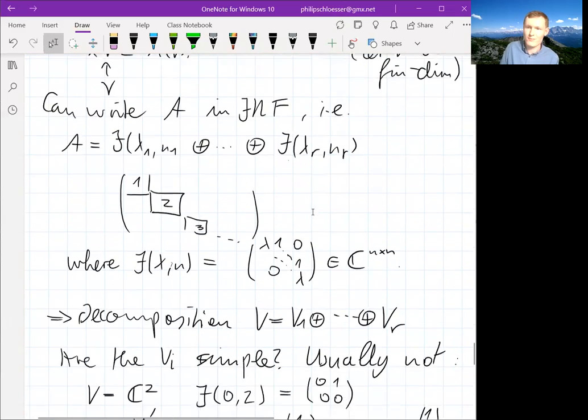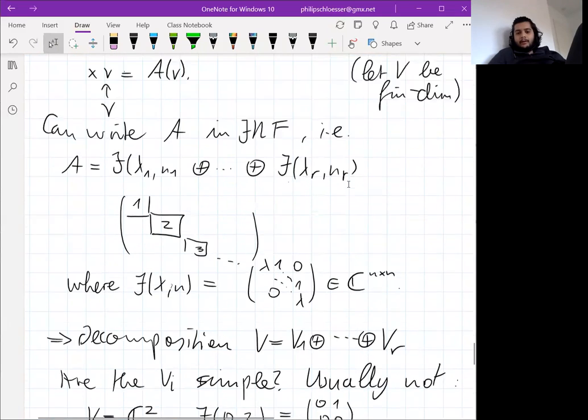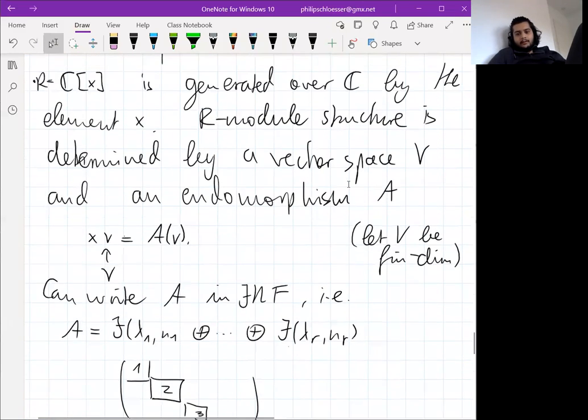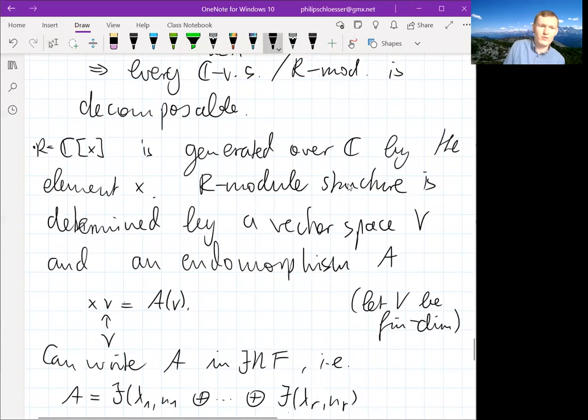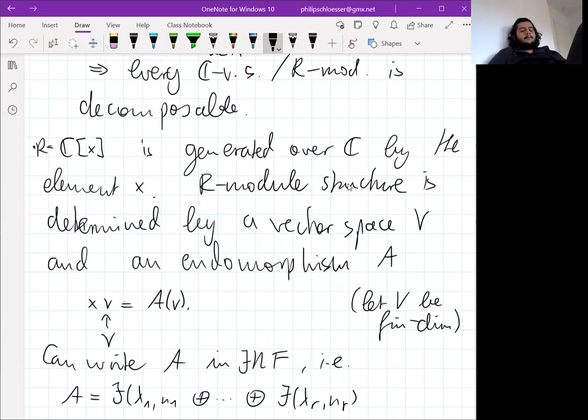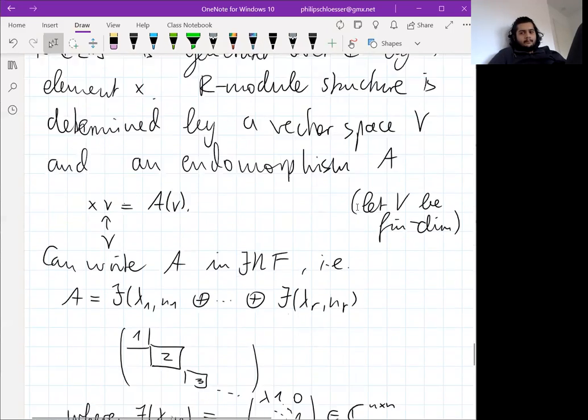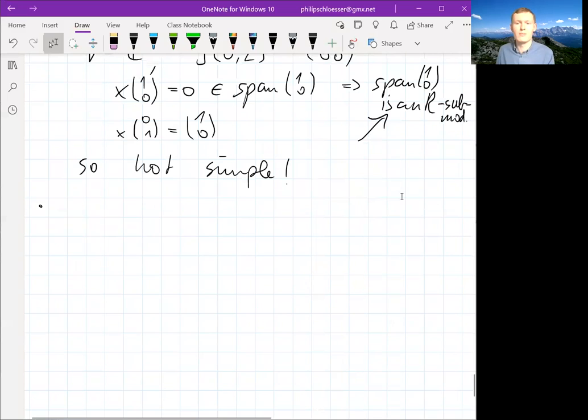But even if they're two-dimensional, it could be simple, right? Well, not if you're talking about C[x] modules. For other algebras, sure, there are simple modules that have more than one dimension. For example, groups. Yep.